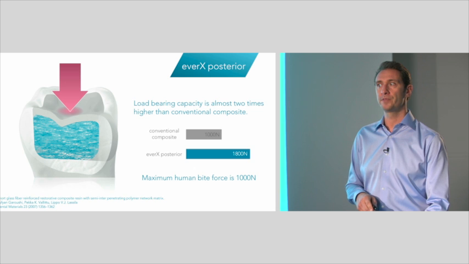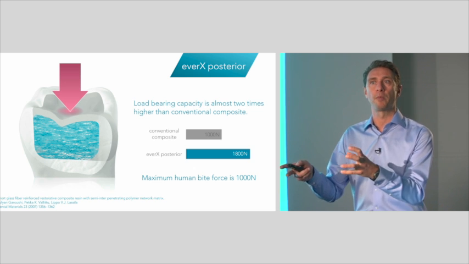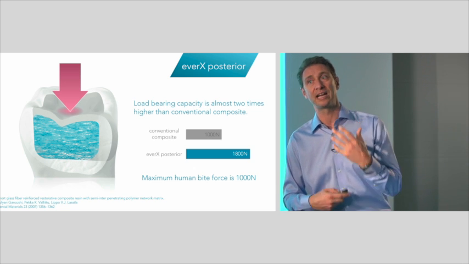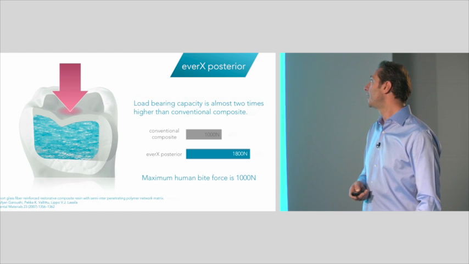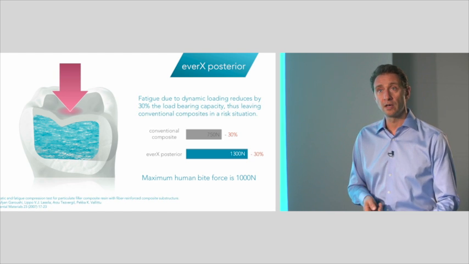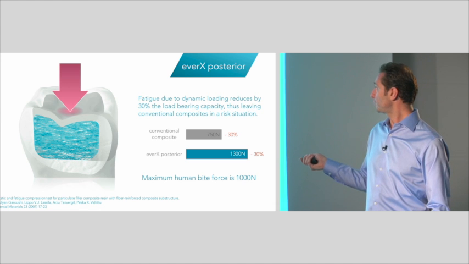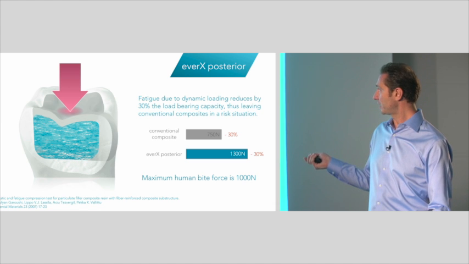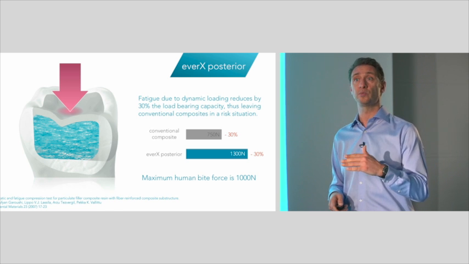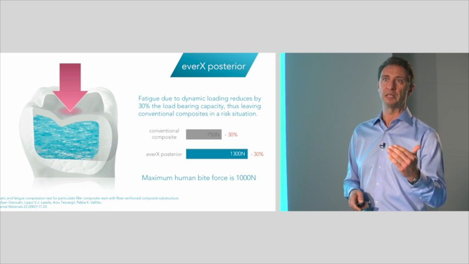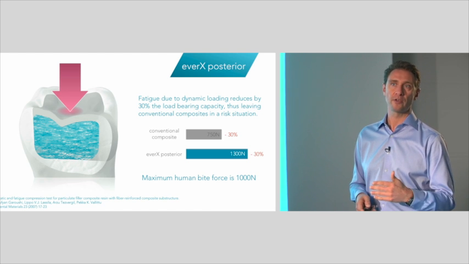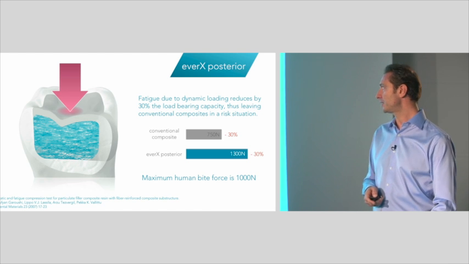Now, this is like the static point of view. When you add dynamic loading to that and fatigue of materials, you see that we will drop 30%, meaning that we get in a very dangerous zone, 750, which is pretty much below the original 1000 that the human biting force can represent.